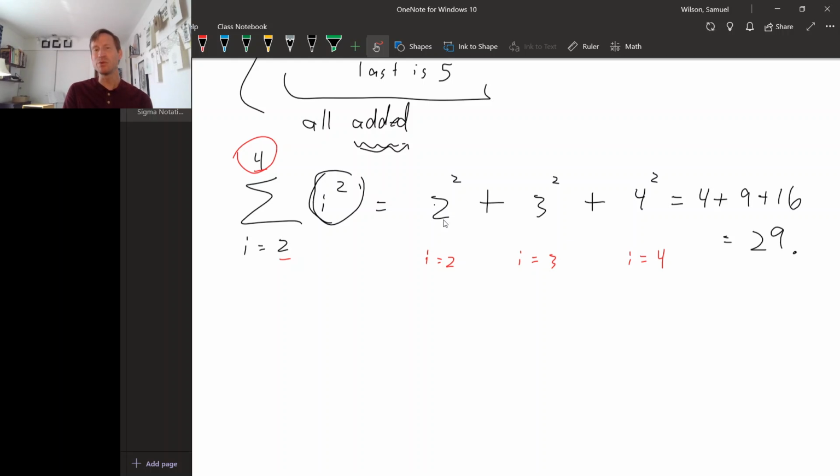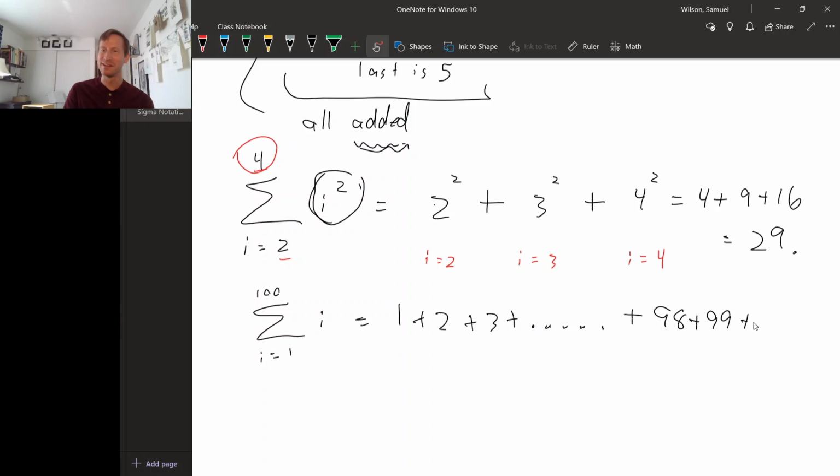You can see you can abbreviate really, really large sums using just a little bit of notation. Just an example of a really large sum, the sum from i equals 1 to, say, 100 of i. This is 1 plus 2 plus 3 plus 4 plus, and so on, all the way up to plus 98 plus 99 plus 100.